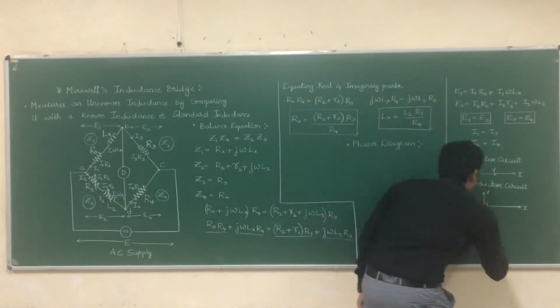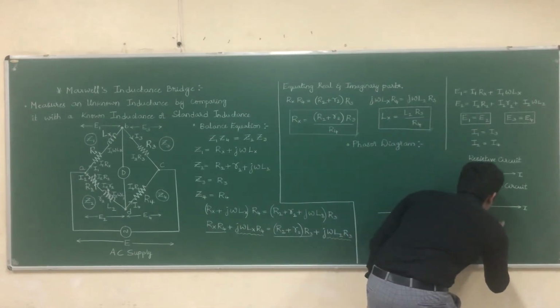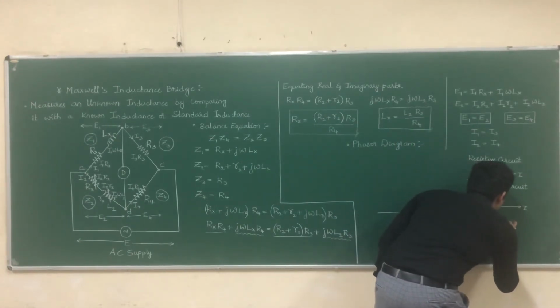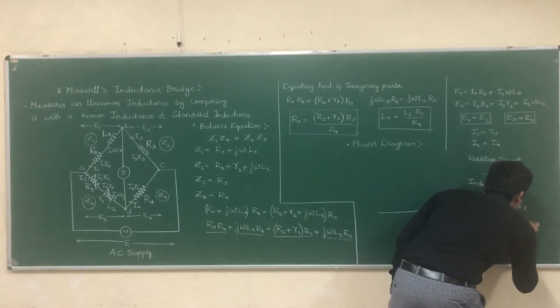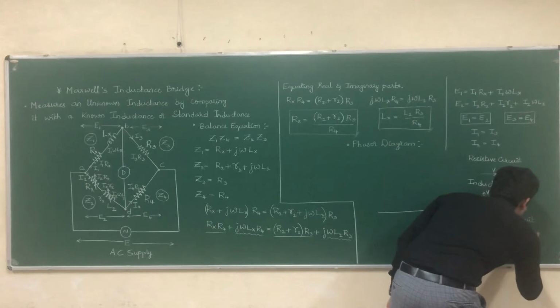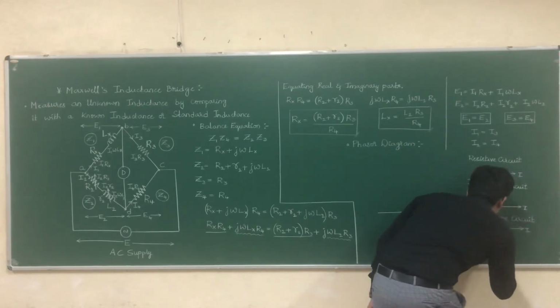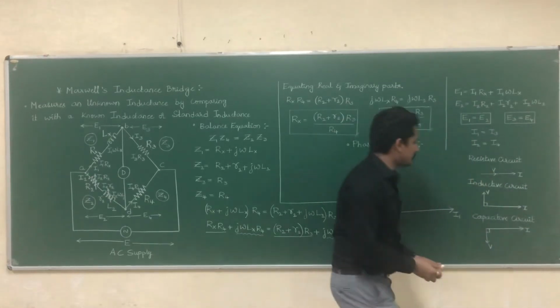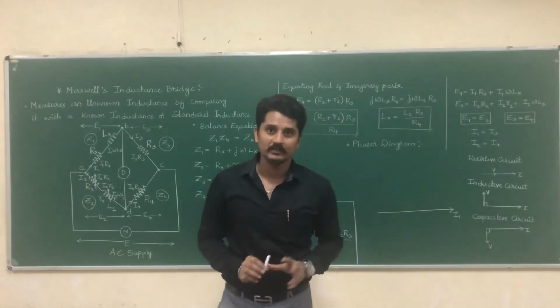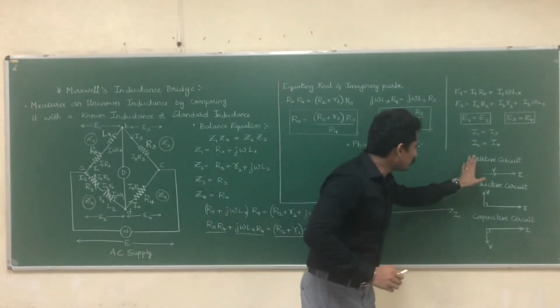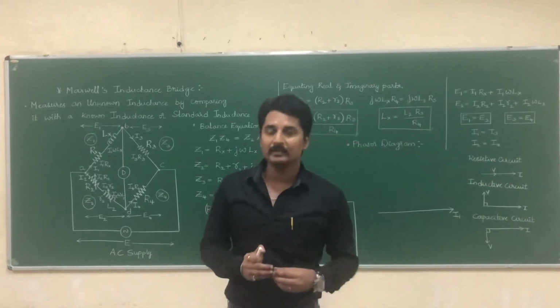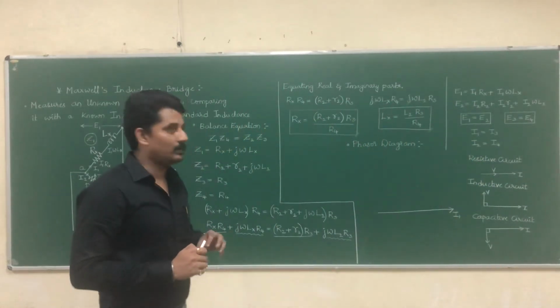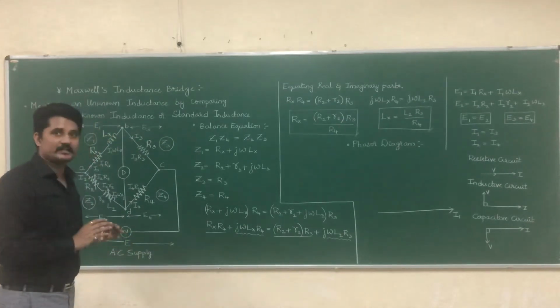If it is a capacitive circuit, voltage lags the current by an angle of 90 degree. So we should know all these three parameters while analyzing the circuit to write the phasor diagram.